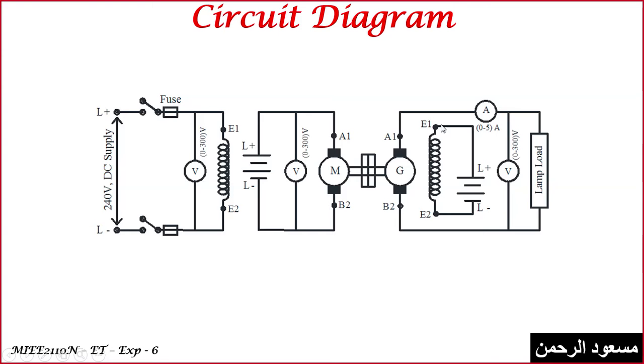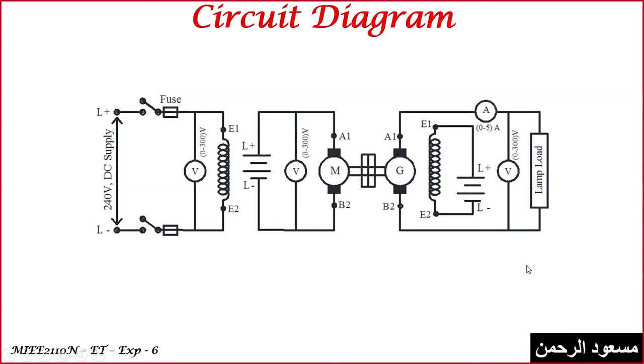The field winding is excited by a separate electrical source, and the armature's electrical energy is given into a lamp load. This is the main thing we have to see here, because the name for this generator is separately excited, so we have followed that in the circuit also.